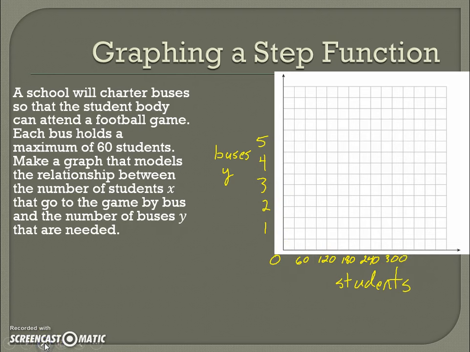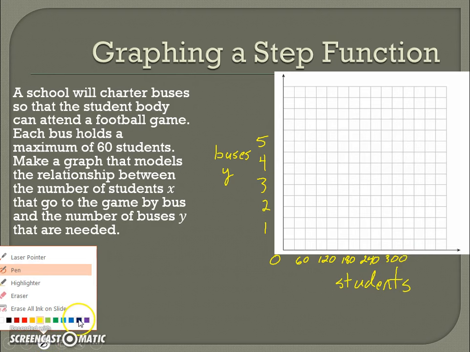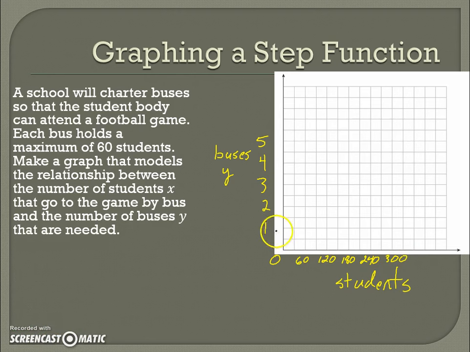The next thing that we need to think about is, well, how is this going to look? If there are 0 students going to the game, then that means we need 0 buses. So 0 students and 0 buses would create a spot like this. Now, if 1 student decides to go to the game, okay, or let's think of it this way. If 60 students decide to go to the game, then we will need 1 bus.